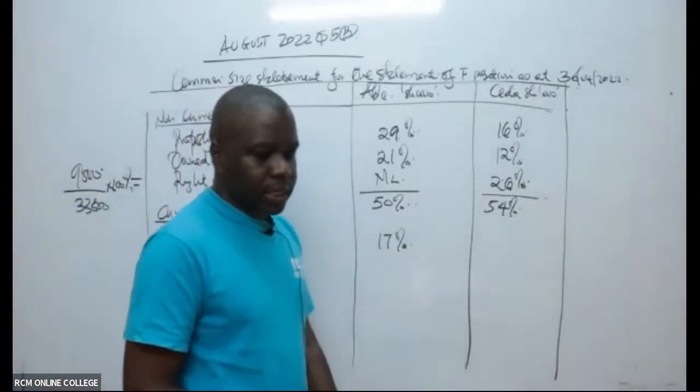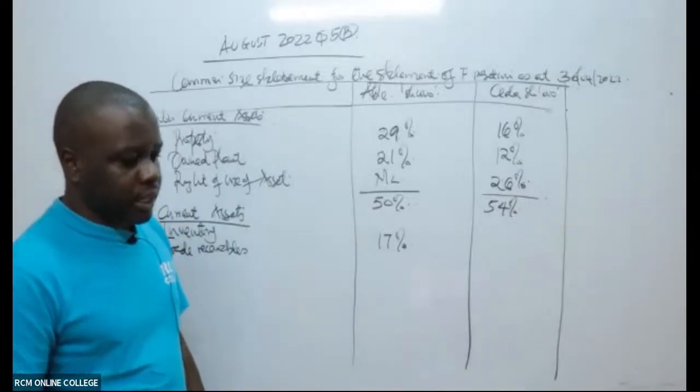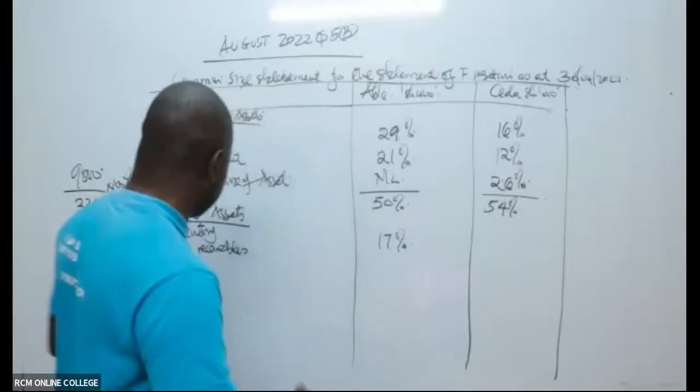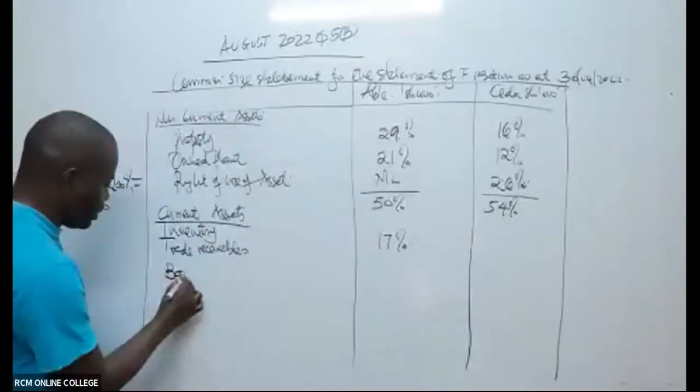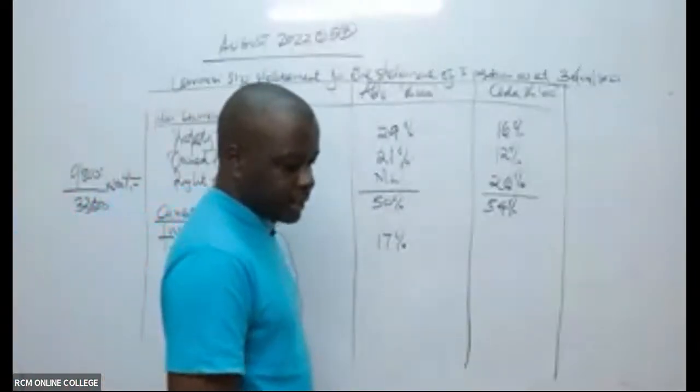For SEDA, you have inventory, trade receivables, and of course we also have bank as another item. 17.9, so that is 18%.